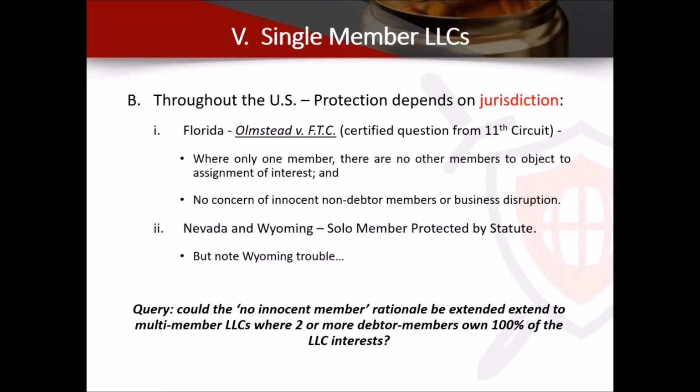You get everything, you vote, you get all the value, and you get all the distributions. It's different from a lien, which means you just get the distributions if they're made. That's the difference. With respect to single members, we went through Olmstead. We talk about some of the solo member states, Delaware, Nevada.